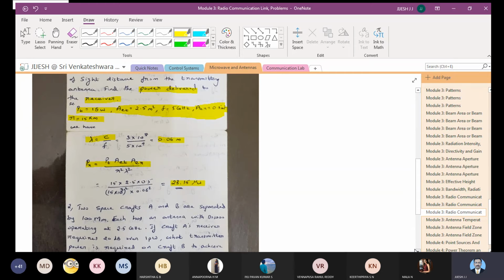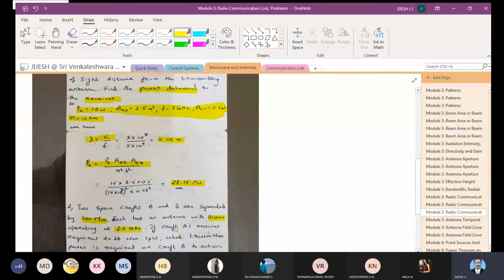Two spacecrafts A and B are separated by 100 megameter, capital MM. Each has an antenna with directivity of 1000. Read it carefully. Operating at 2.5 gigahertz frequency is given.